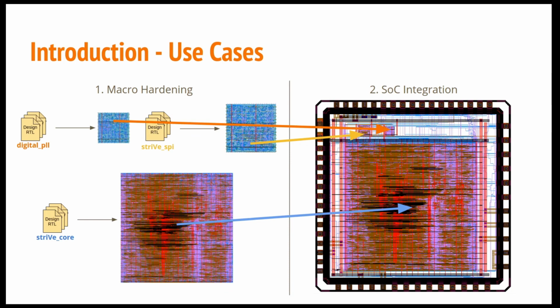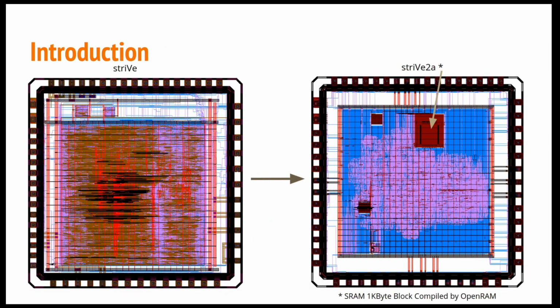The power routing was done completely by hand, but most of the work in OpenLANE on the SoC integration flow was mainly the process of eliminating all manual interventions and cleaning up this layout, which is now on the left, of the first member of the Striv family, Striv, and producing this much cleaner looking layout of Striv 2A.